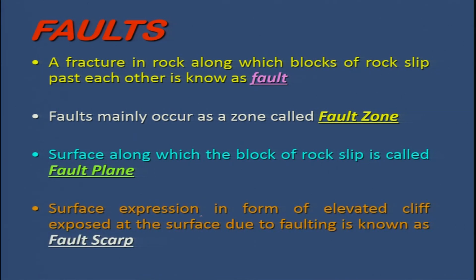The surface expression, the manifestation of the deformation on the surface in the form of an elevated cliff exposed due to faulting, is termed a fault scarp. Remember these terminologies, because when we talk in more detail about the different types of faulting, the surface manifestation will differ from one faulting environment to another.